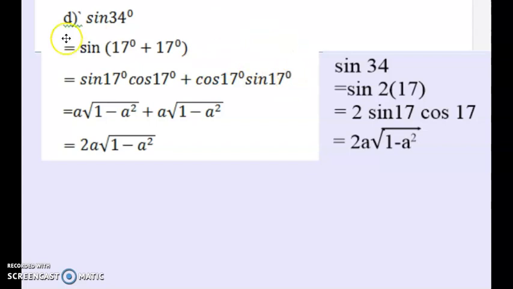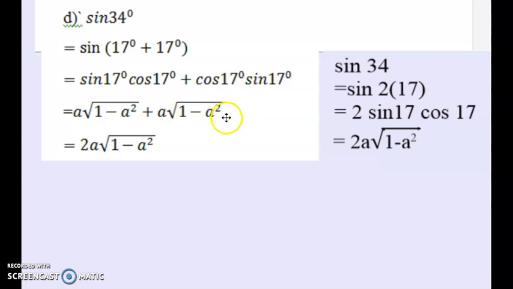The last question that they asked in this set is, what is sine of 34? Now sine of 34 can be written as double angle identity 17 plus 17. So it's sine 17 cos 17 plus cos 17 sine 17. So sine of 17 degrees would be a, cos of 17 degrees square root of 1 minus a squared. Already calculated that, so I don't have to calculate it again. Then cos will be 1 minus a squared, and sine of a will be a.